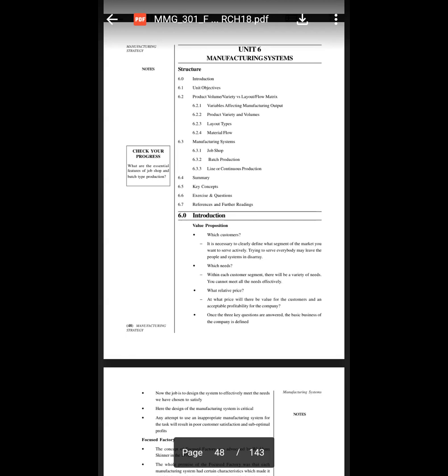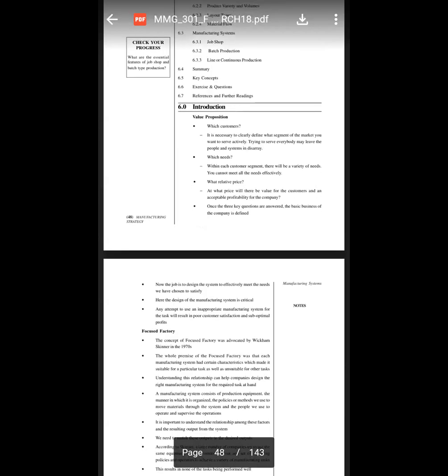But if you concentrate on one activity only, then success can be achieved. So over here you need to see the market segment, how your market is growing and how your market is replying to your production.